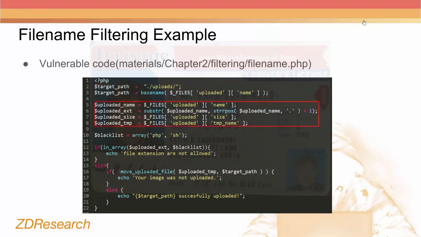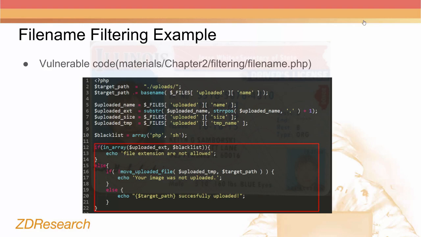There are a bunch of variables here that are based on the file parameters. There's a blacklist here, and as you can see, it blocks the extensions that are either PHP or SH in the next line here. If the extension is one of those blacklisted file extensions, then it gives you an error, and otherwise it does the actual uploading. So it's a very simple uploader, as you can see.